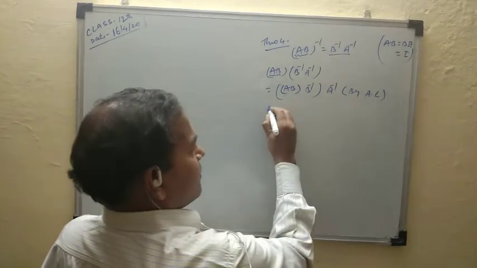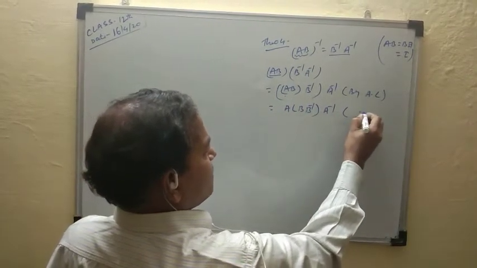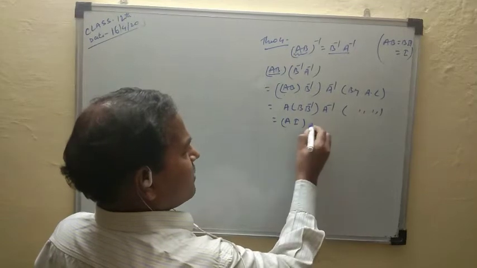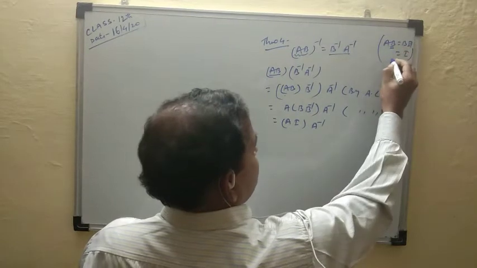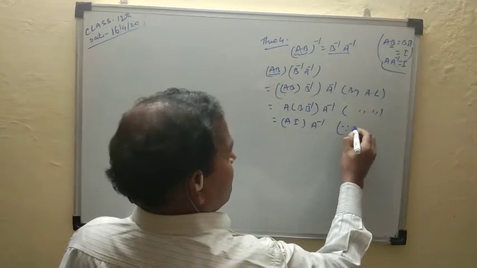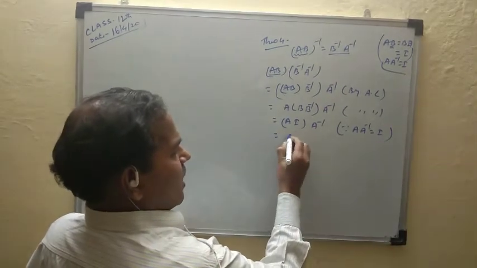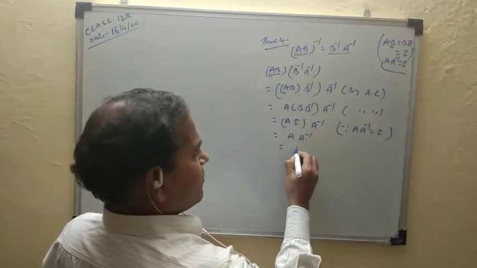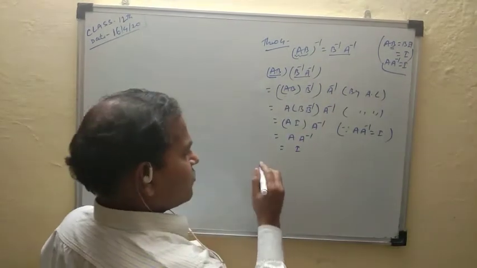Again use the associative law: A into B into B inverse into A inverse, and B into B inverse is equal to I, so I into A inverse. Since A into I is equal to A, we get A into A inverse, and A into A inverse is equal to I. So AB into B inverse A inverse is equal to I.